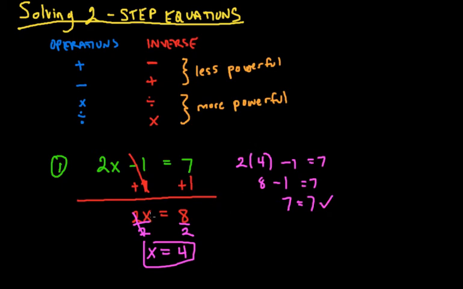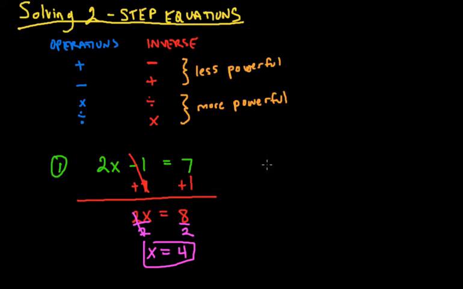Now, just as a side note, you can undo things in a different order. However, it's not that fun. I'll give you an example. Let's look at the exact same problem: 2x minus 1 equals 7.